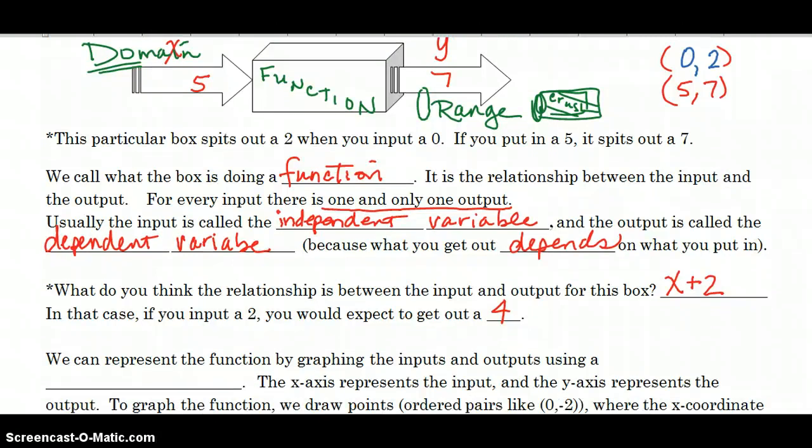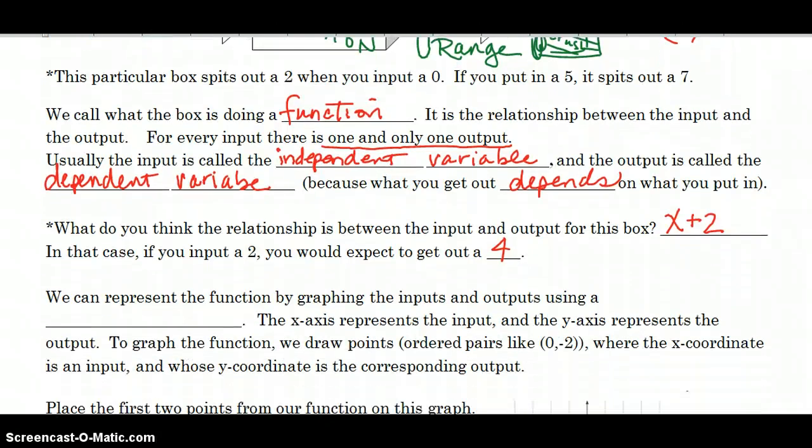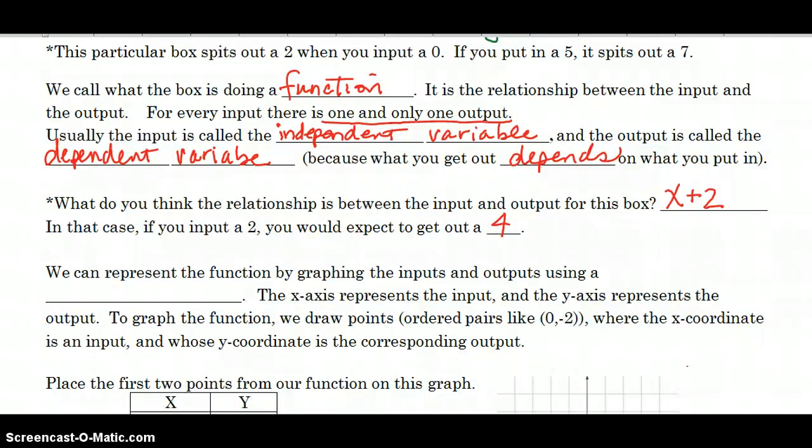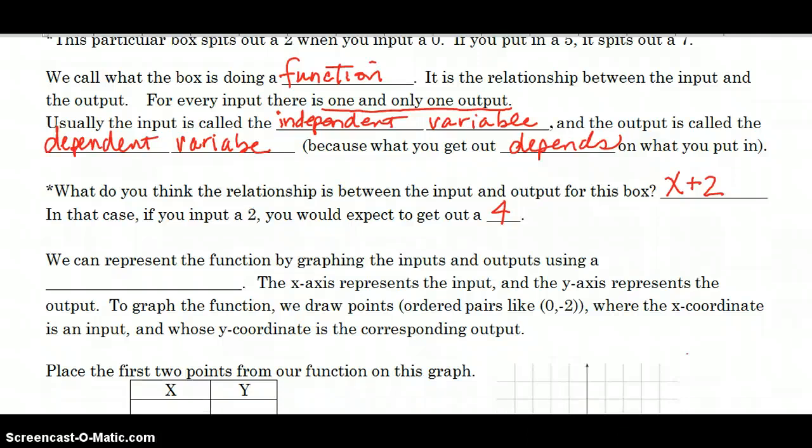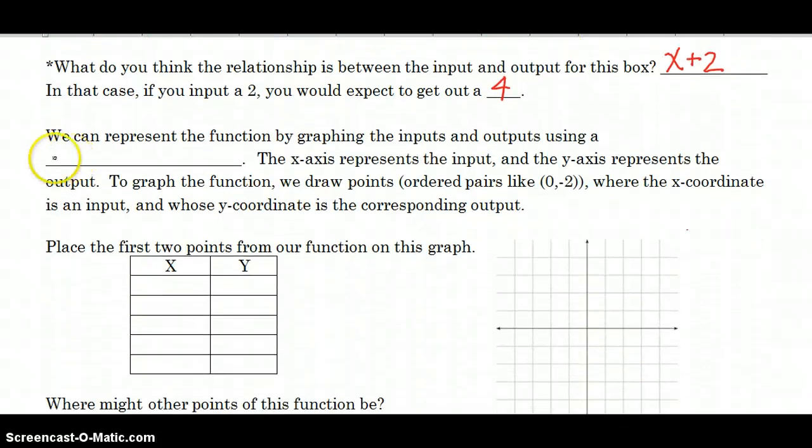We could represent the function by graphing the inputs and outputs using a coordinate plane. That's where those ordered pairs come in. The x-axis represents the input. Again, the domain, the lady, is your x, and the y-axis represents the output.